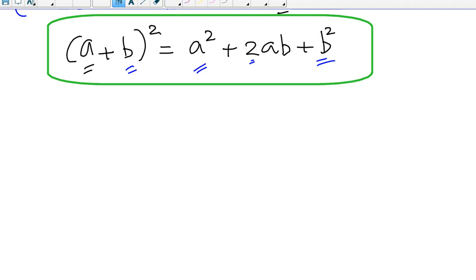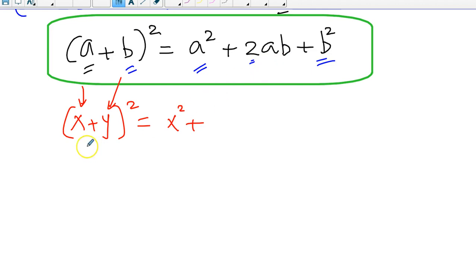So now let me take an example. First I'll take a very easy example. Instead of A plus B whole square, if you have X plus Y whole square, what is my answer going to be? A is replaced by X and B is replaced by Y. So X plus Y whole square is going to be X square, the first term, A square means X square, plus 2AB.